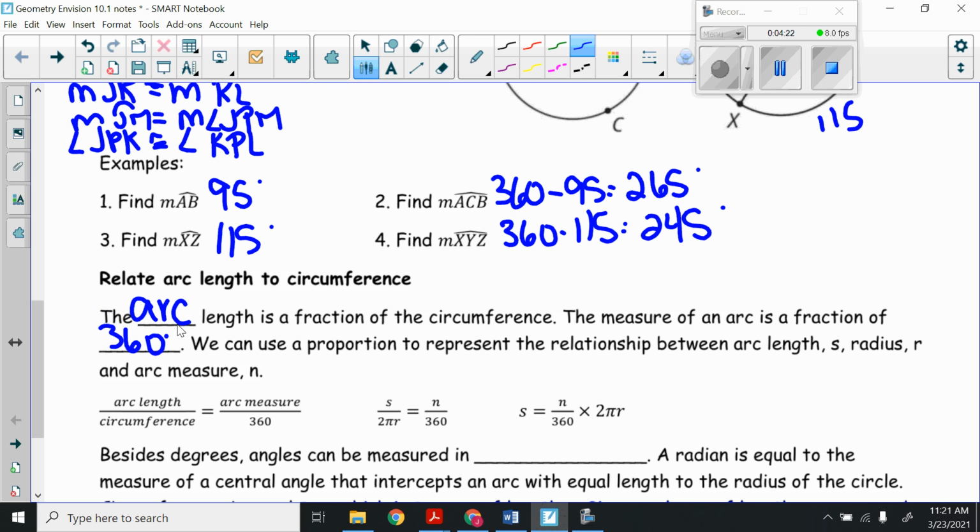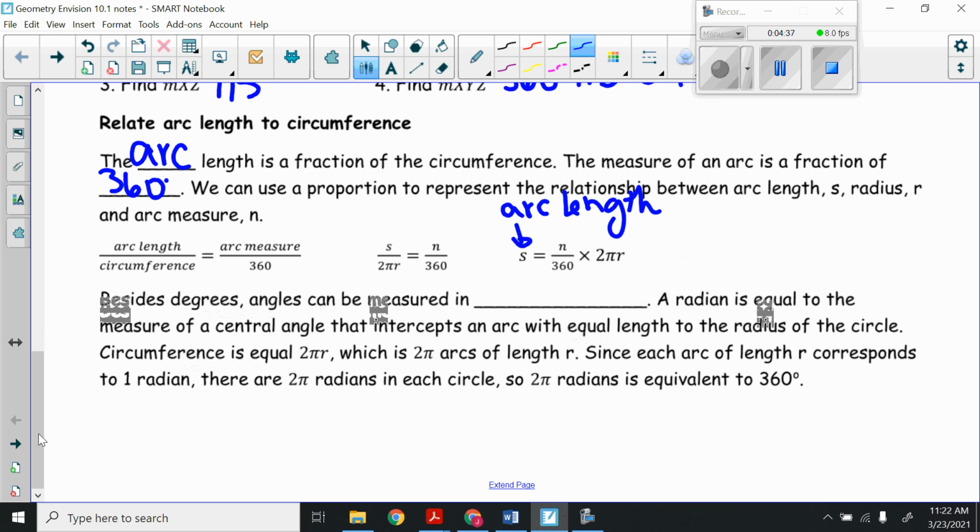Cross multiply and solve this for arc length, for S, so we would get that the arc length is equal to N divided by 360 times 2 pi r. Now, besides degrees, angles can also be measured in radians.